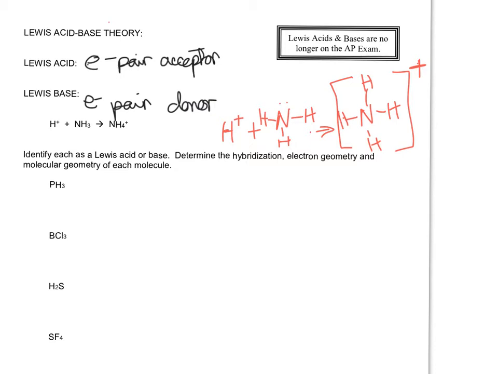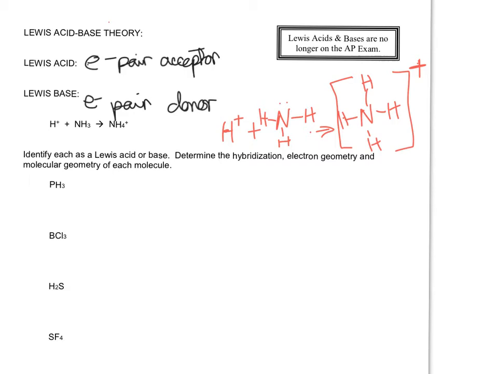So here it is: the H plus, the ammonia, the NH3, the lone pair on the ammonia, yields NH4 plus. In this case, this is an acid because it's an electron pair acceptor. This is a base because it's an electron pair donor.